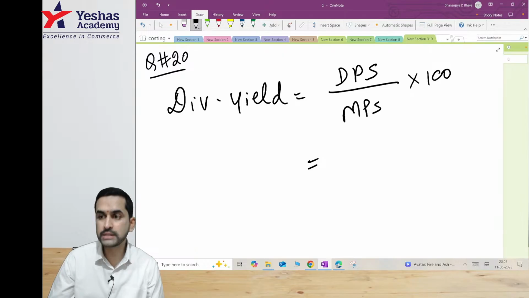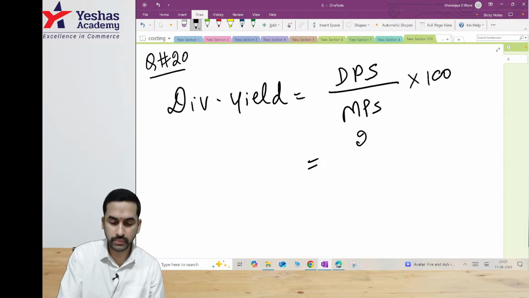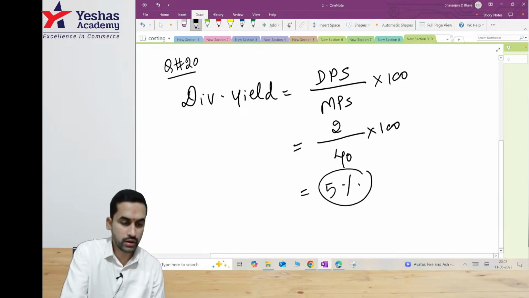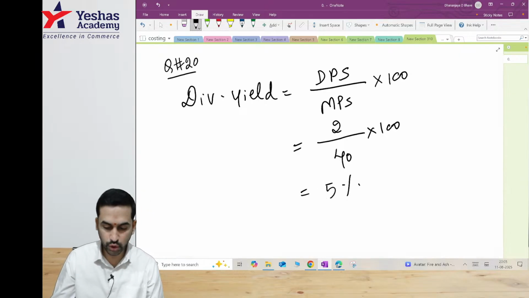How to calculate DPS? 10 rupee face value, 20%, correct? That means this will be 2 rupee by market price of share is 40. Is the answer 5%? 2 by 40 into 100.